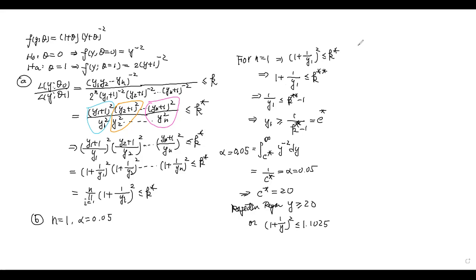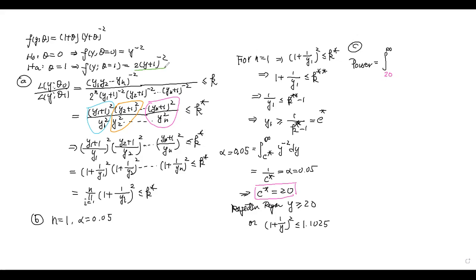Okay, so now the last part: what is the power? We know the power is when the alternative hypothesis is true and you are in the rejection region. The rejection region is what we found in part B, y greater than 20, so I put 20 here, and infinity here.